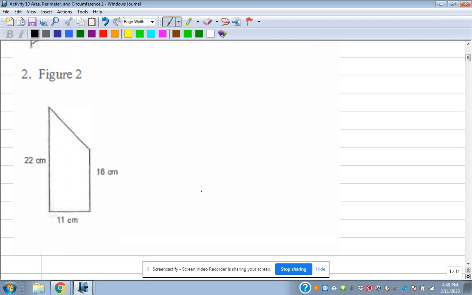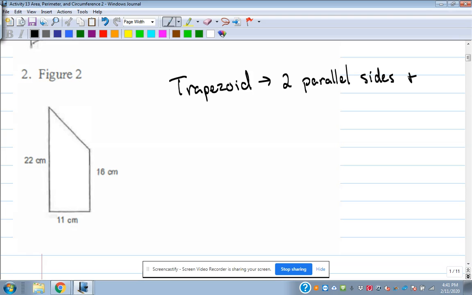What shape is figure 2? Say it again. Trapezoid. Yes, we love trapezoids at our house. They are fun shapes. What makes a trapezoid? Two parallel sides and a pair of non-parallel.